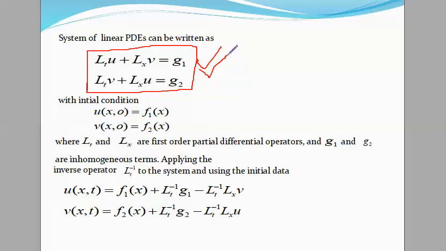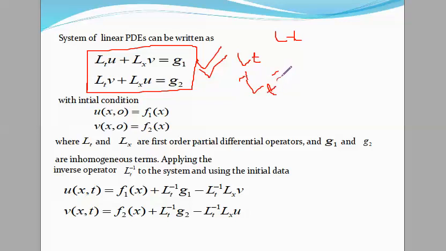The next step is, if we have these linear operators LT and LX, we assume that these operators are invertible, meaning that the inverse of these operators exists.